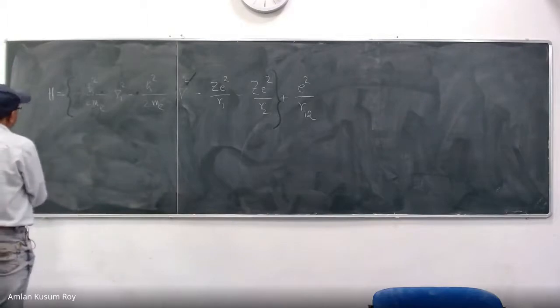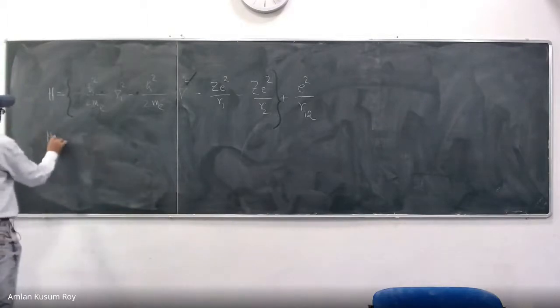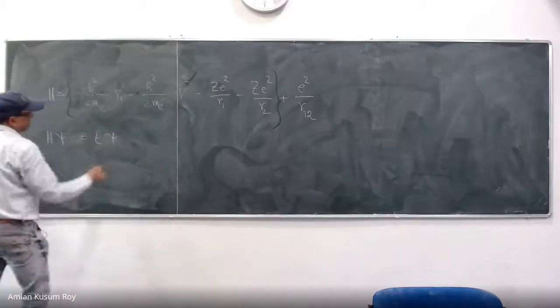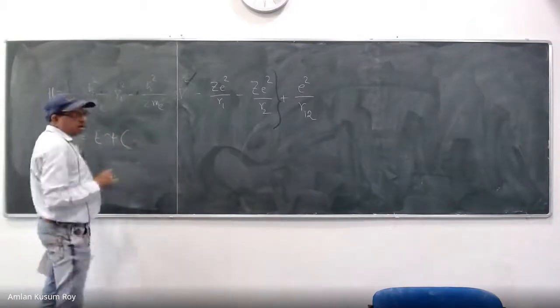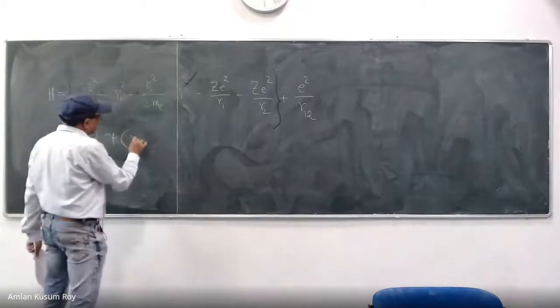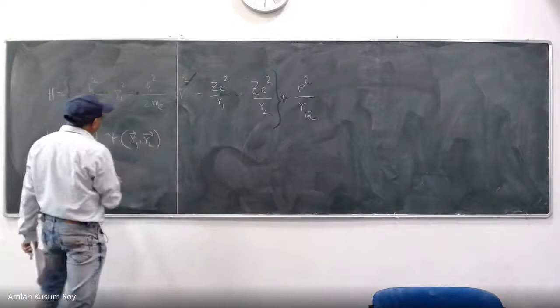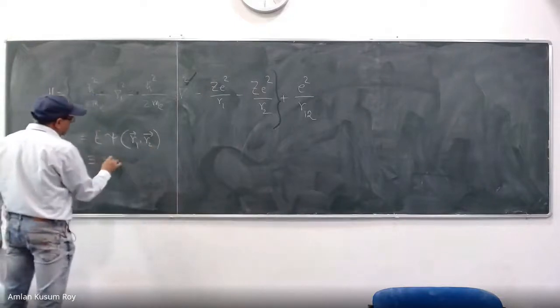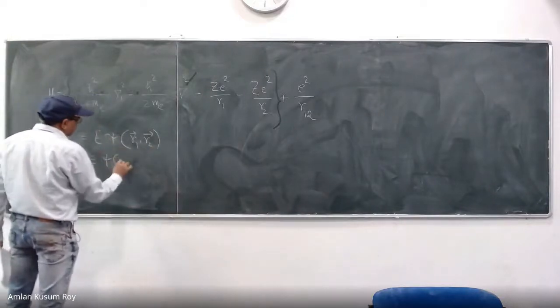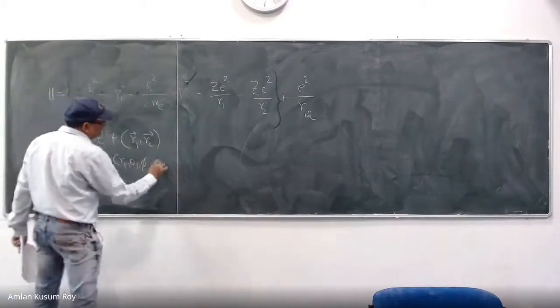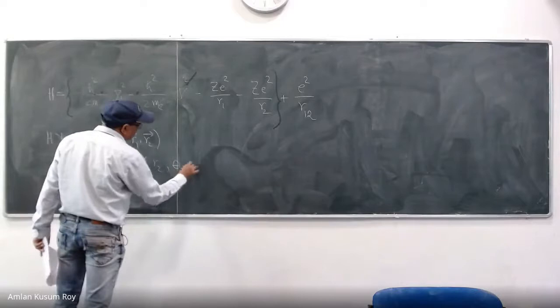The Schrodinger equation of this can be written as H psi equals E psi. But the problem is that function. What is the function? Psi is a function of vector R1 and vector R2, the electronic coordinates. That means psi is a function of R1, theta 1, phi 1, R2, theta 2, phi 2.